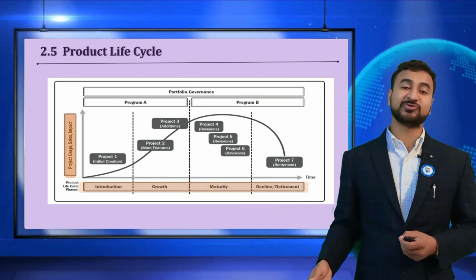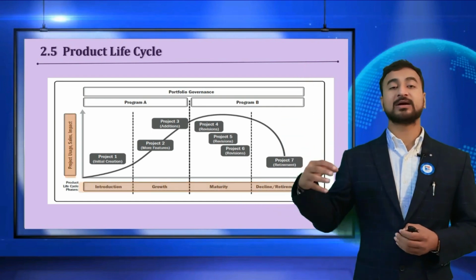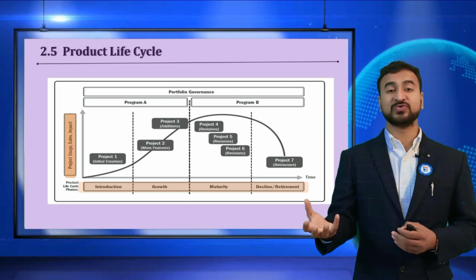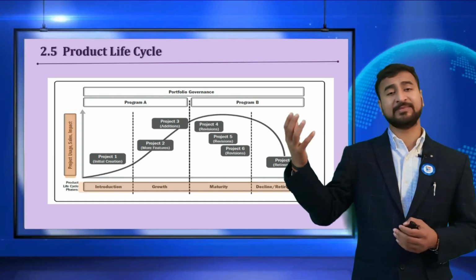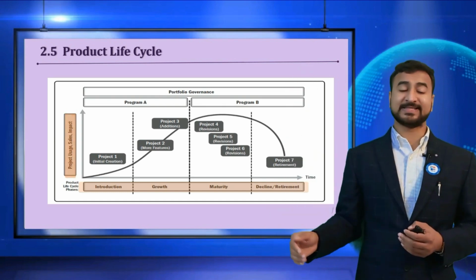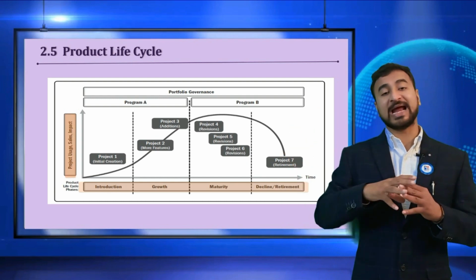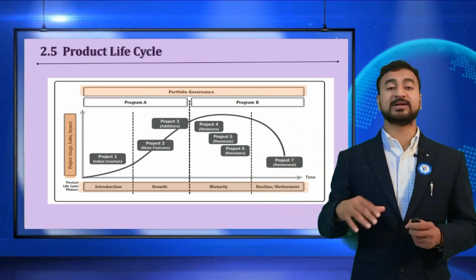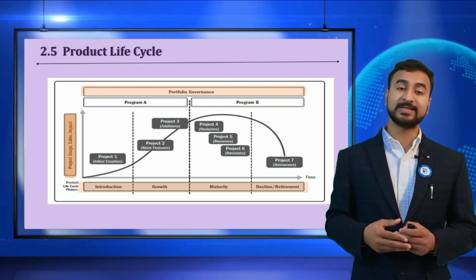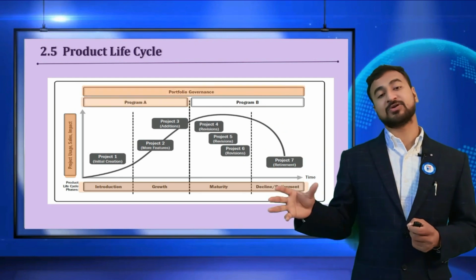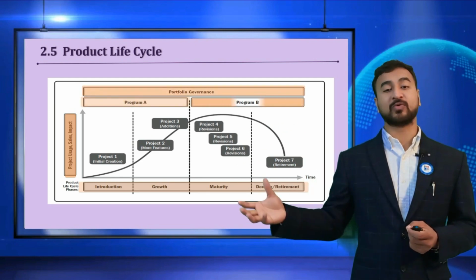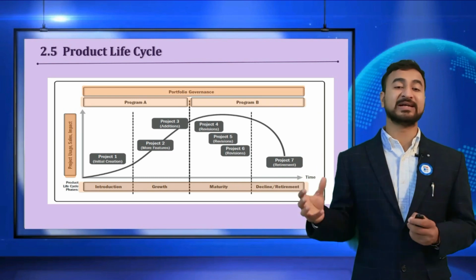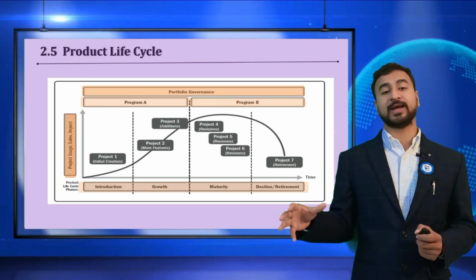On the y-axis, there are different projects, usage, sales, and impacts. With that consideration, the entire product life cycle is sometimes governed by portfolio governance, having subsections of program A and program B, each a group of interlinked projects in that particular program area.